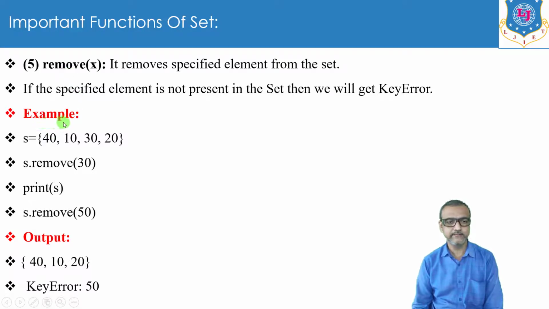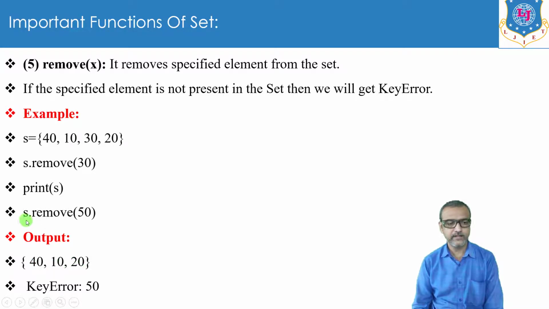So here is the example. S equals 40, 10, 30, 20. We have created set S using these 4 elements. Then what will the statement S dot remove of 30 do? It will just remove the element 30 from the set S. And then if we write print of S, we will have the output 40, 10, 20.